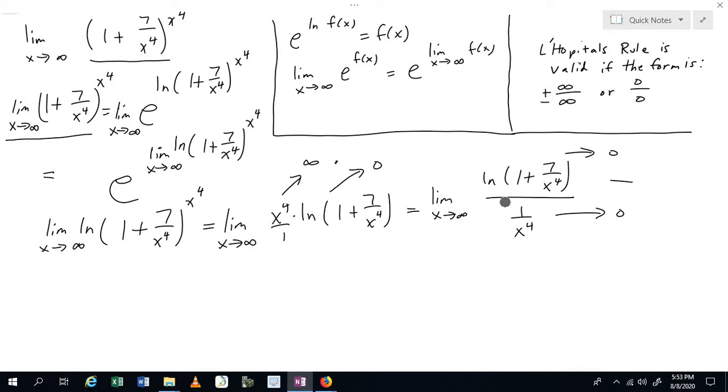And that's the reason we created division, because multiplication doesn't lead to a valid case for L'Hopital's rule. But now that we've rewritten it like this with division, we do have a form where we can use L'Hopital's rule, right? 0 over 0. Okay, so now we're going to use L'Hopital's rule to evaluate this limit.